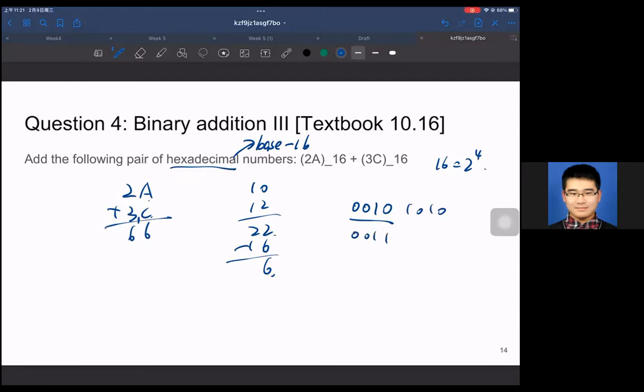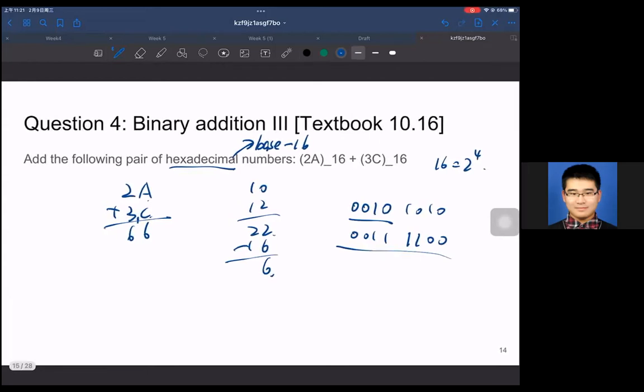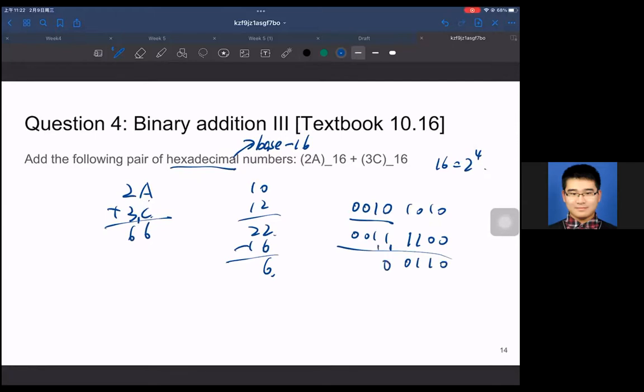C is, let's add 2 here, so it should be 1, 1, 0, 0. And let's add them up. So what do I have here? Carry 1 and 0, 1, 1, 0. Over here, 0, 1, 1, 0, 6, 6, right?